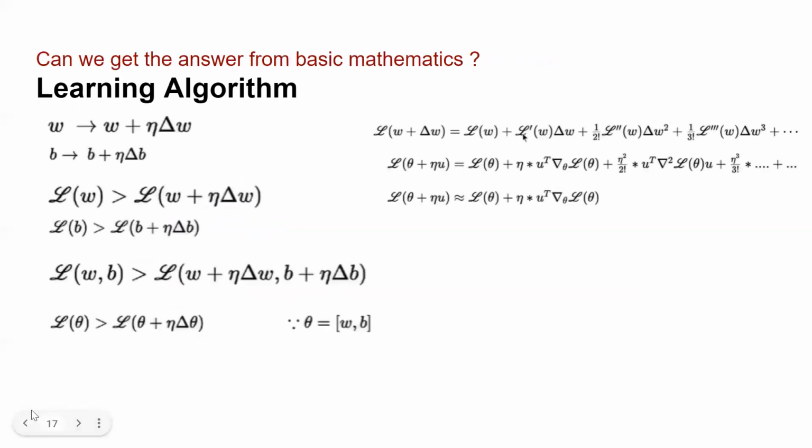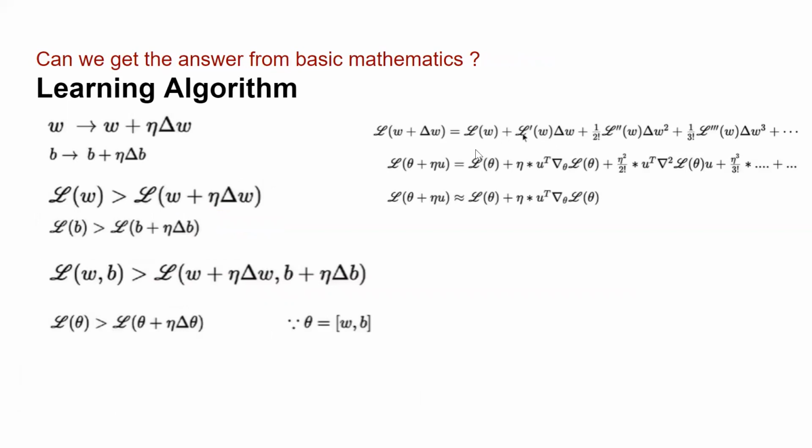See here, if you see the expansion of the Taylor series, in every subsequent term I am taking the derivative. So L of W plus delta W is equal to L of W plus derivative of L times delta W. This L is loss.